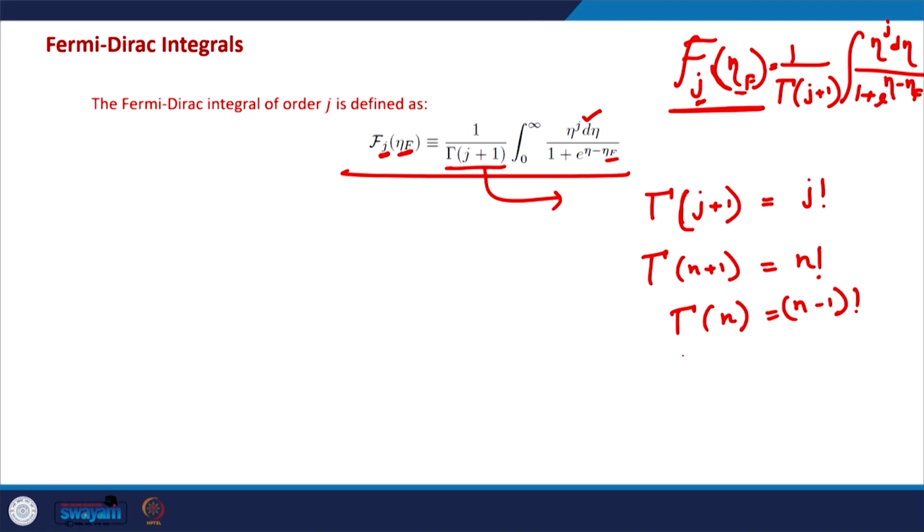There is another property of gamma functions, which is gamma function of n plus 1 is n times gamma function of n, and gamma function of half is essentially root pi.